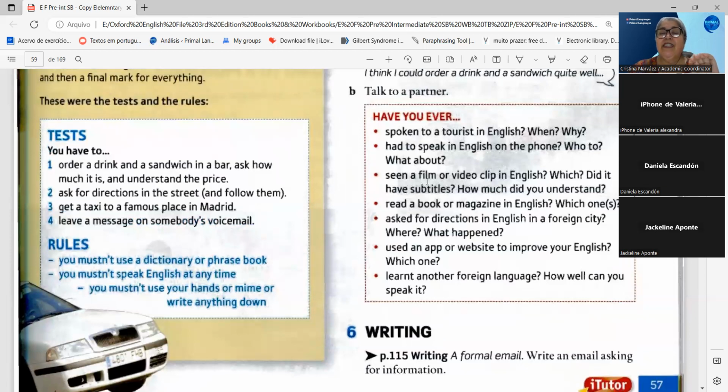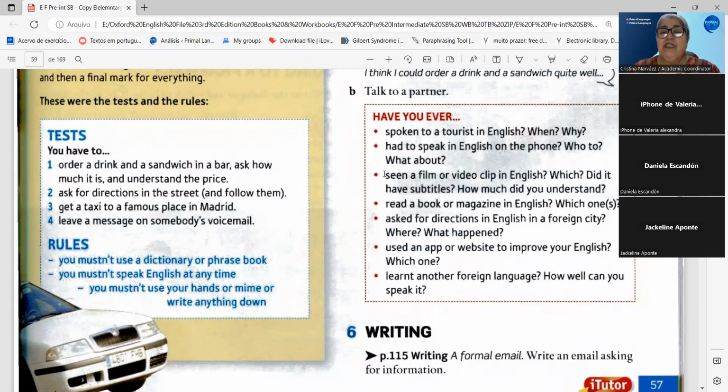Have you ever seen? Ahora, ¿cuál es la diferencia entre seen a film and watch a film? Hay una pequeña diferencia. Movie es inglés americano y film es inglés británico.